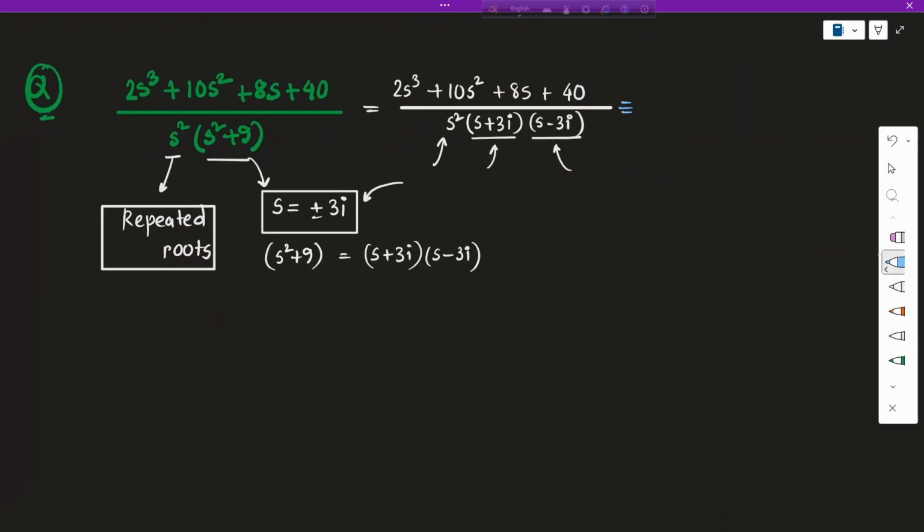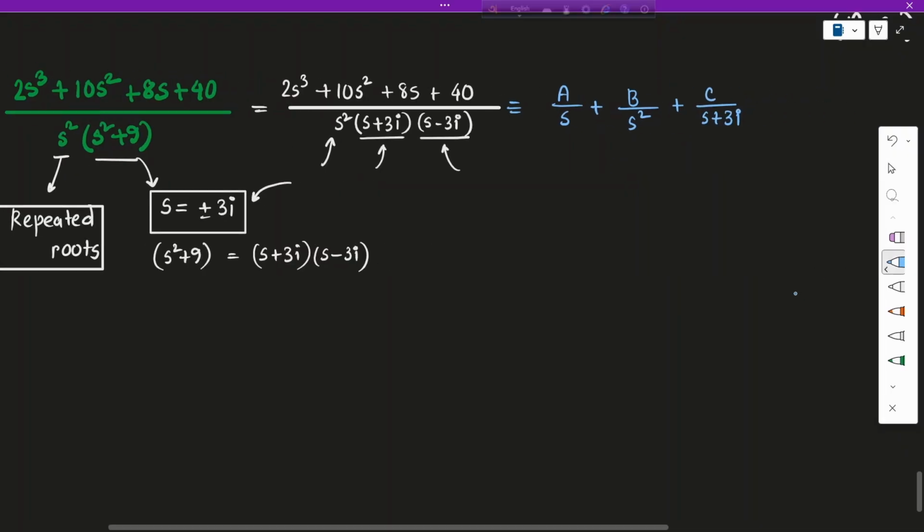We can break this into these parts: A divided by s, B divided by s squared, C divided by s plus 3i, and D divided by s minus 3i. All right, so in the traditional method, we would solve it like this. I'm not saying this is an unorthodox method.